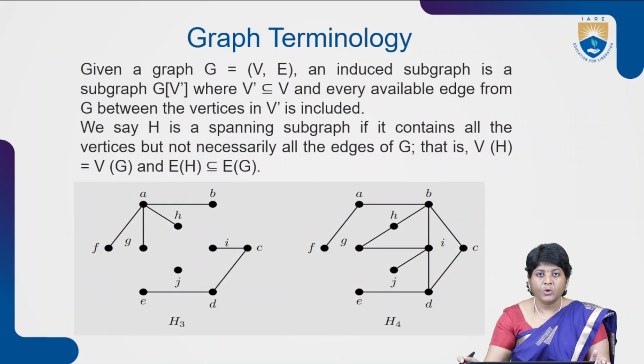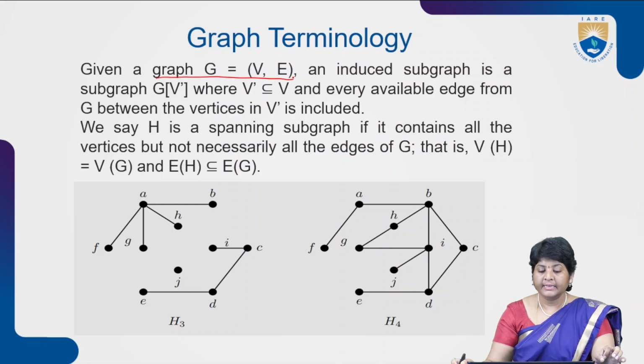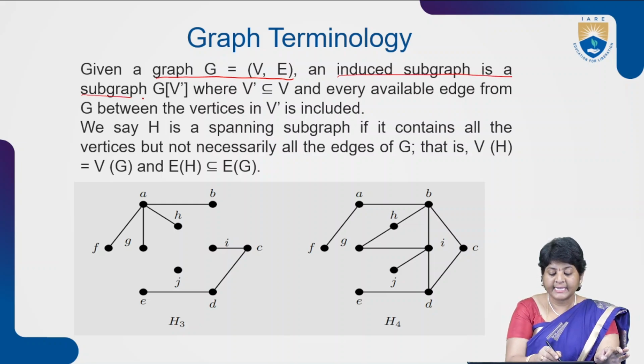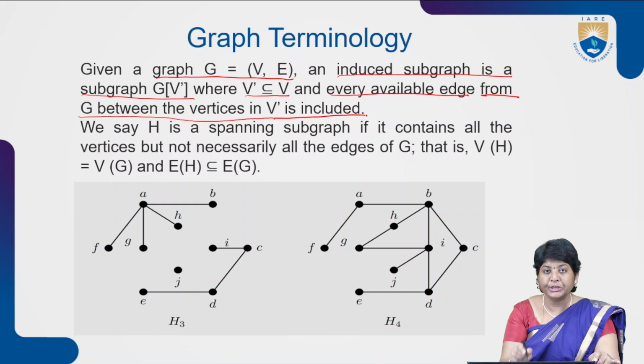And here, if we see a graph with vertices and edges given, an induced subgraph is a subgraph G of V dash, where V dash is a subset of V, and every available edge from G between the vertices in V dash is included.